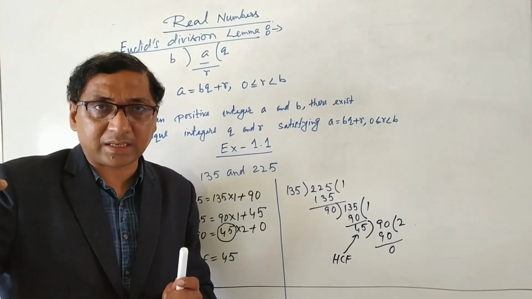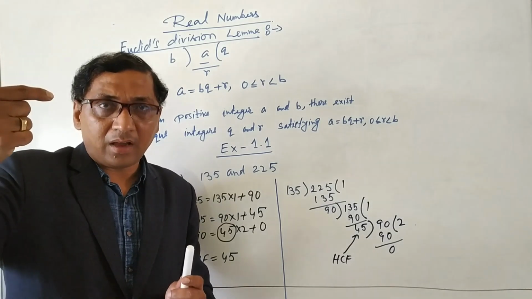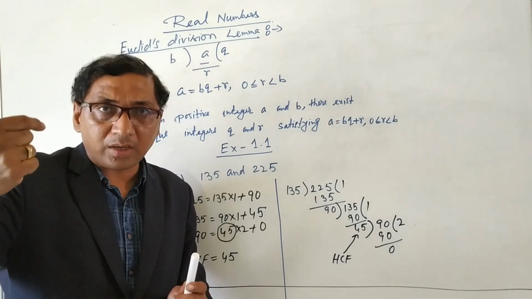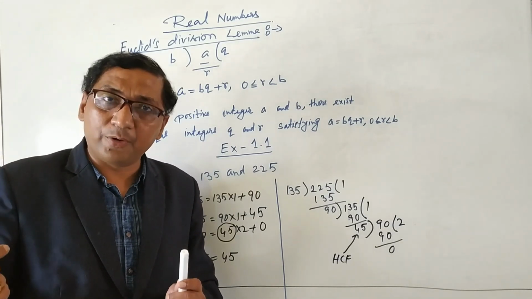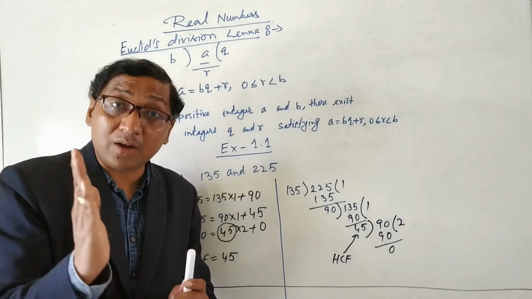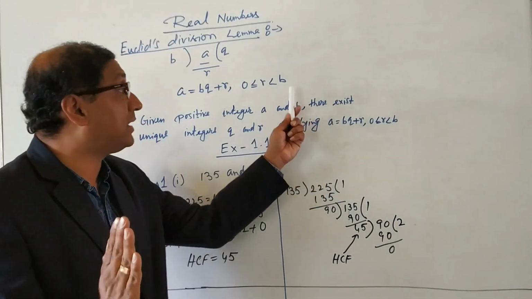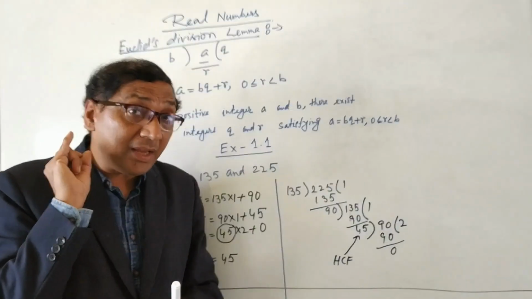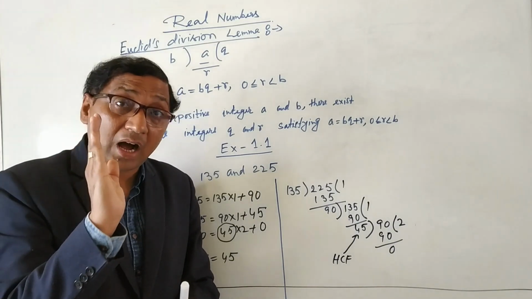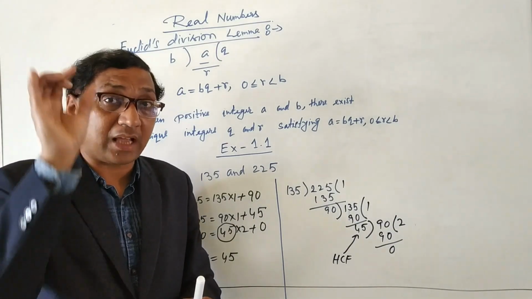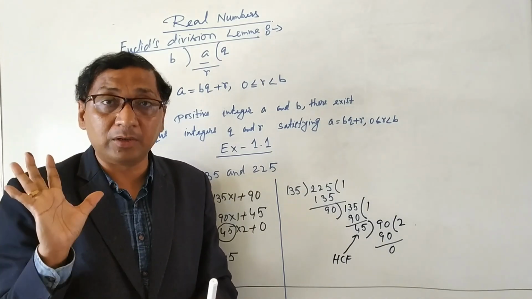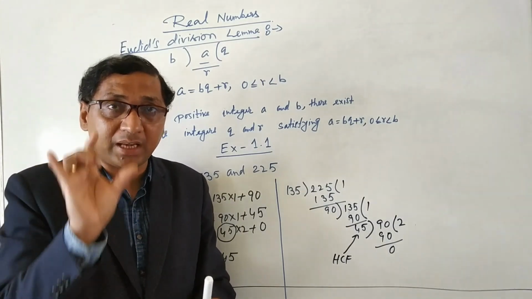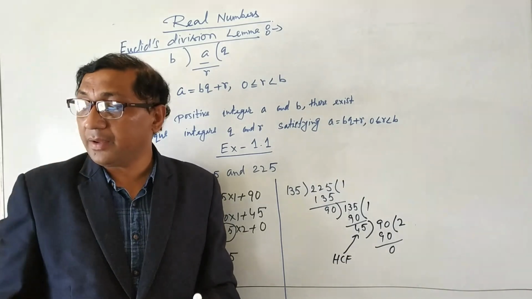If we divide by 6, then r will be 0 or 1 or 2 or 3 or 4 or 5, because r is always less than b, and you are dividing by 6. So r up to 5 you have to take. That means 6 types of numbers, 6 forms, you get. Out of the 6 forms, 3 will be even and 3 will be odd.